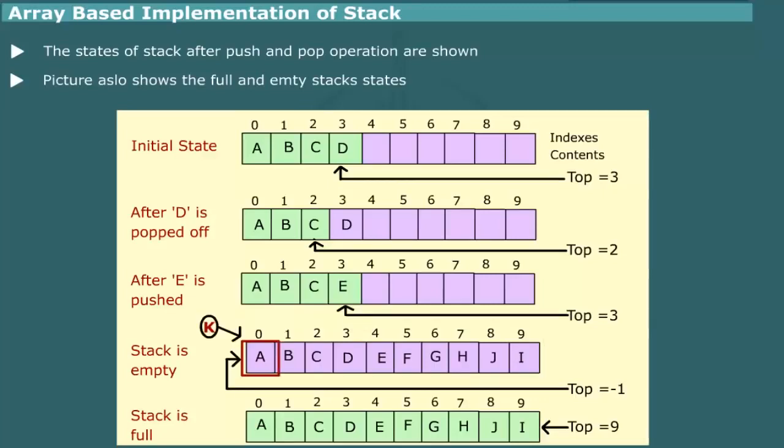For example, if a new element K is pushed onto the stack, it would overwrite the element A in the cell with index 0. Of course, in a particular implementation, the cell can be initialized to null value if an item is removed. This would amount to extra work with no additional gain.